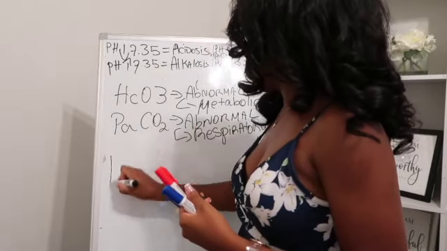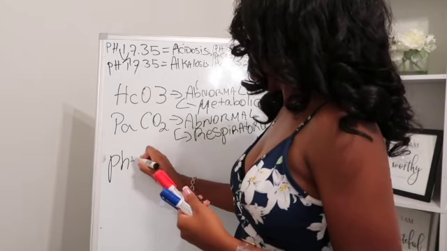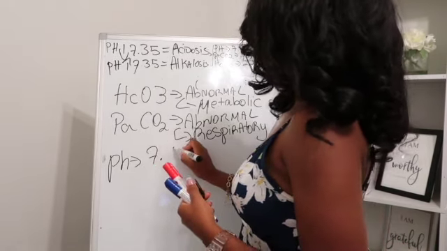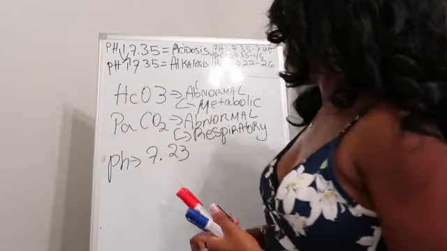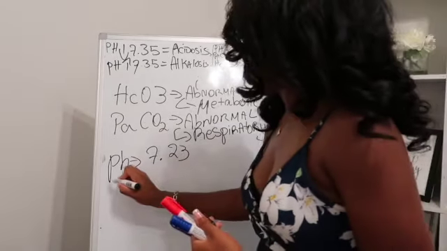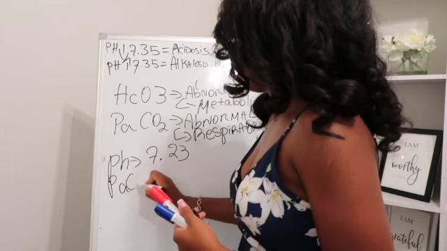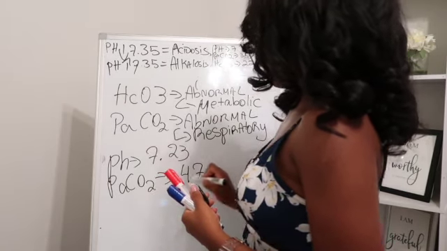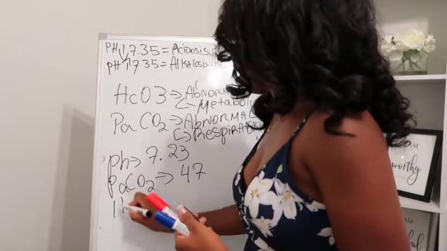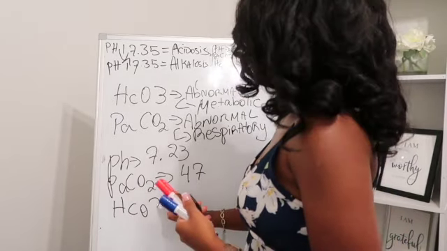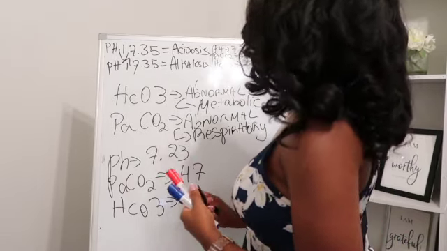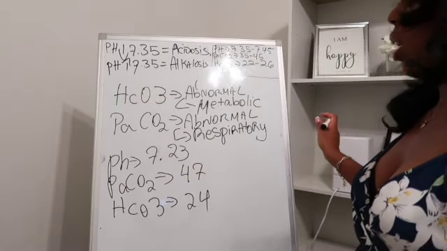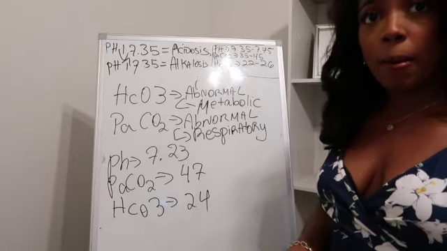Let's say the pH is 7.23, all right? And the PaCO2 is 47 and the HCO3 is 24. Okay, so we can solve this one by one.